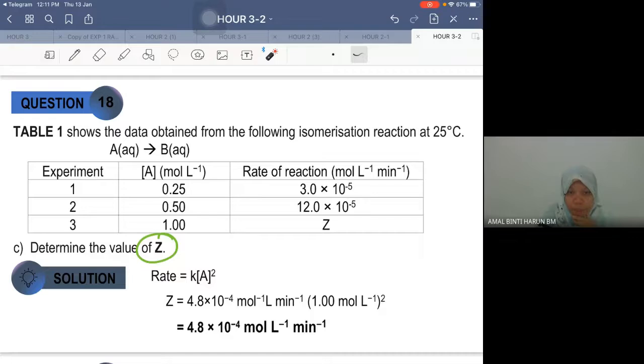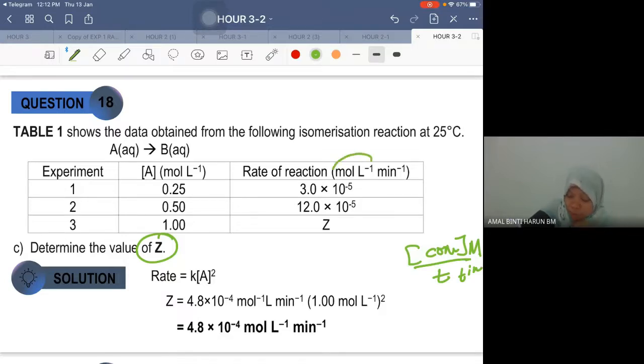So unit bagi rate adalah rate tu apa? Changes of concentration bagi reactant with time. Okay, apa form ni? Molar per time. That is molar per second, molar per minute. So you nampak macam ni mole per liter, I suggest you to simplify it.